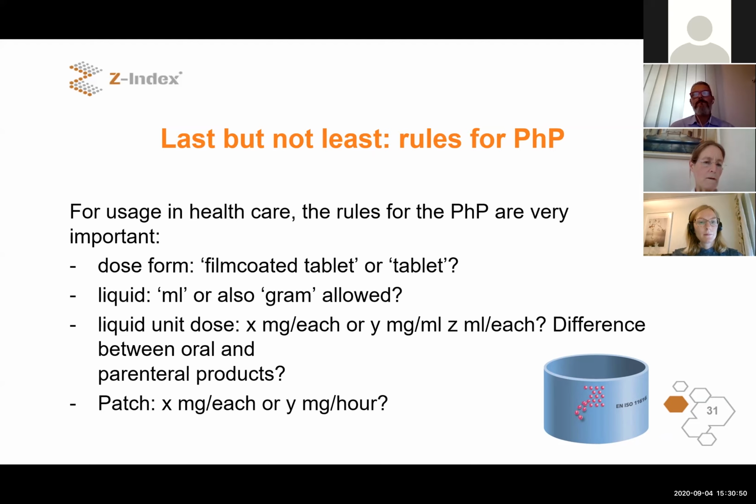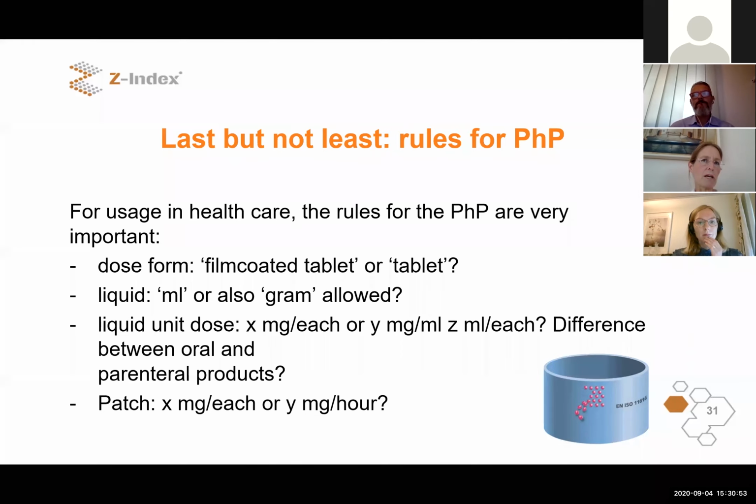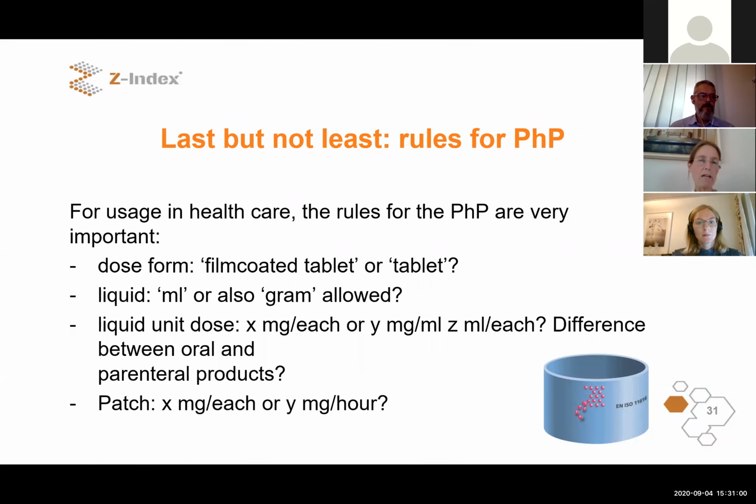For example, when you would like to use the PhP as a level for generic prescription, is the dose form indeed film-coated tablet in the PhP, or is a higher level used that just says tablet? Because for prescription, a tablet is more useful than a film-coated tablet, and such small differences in the types of dose form are not interesting for the prescriber.